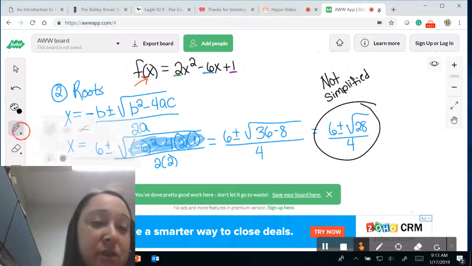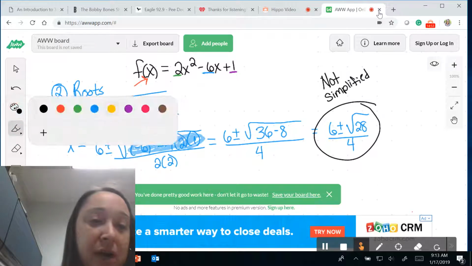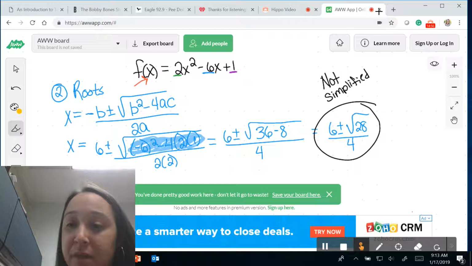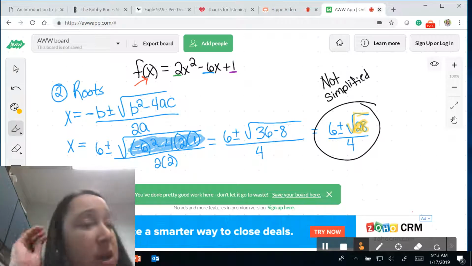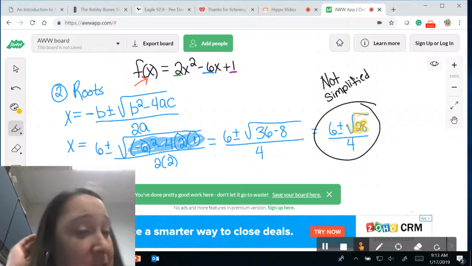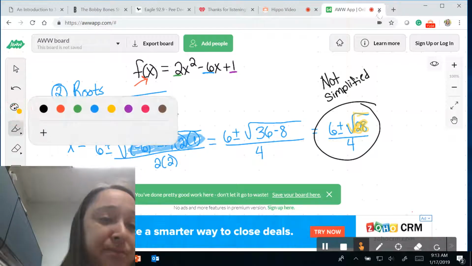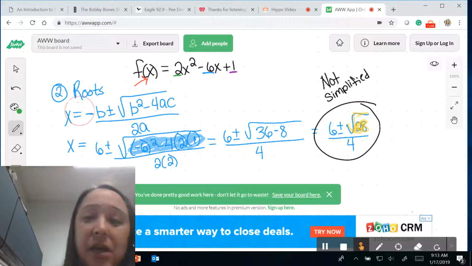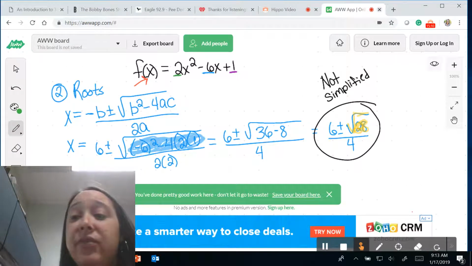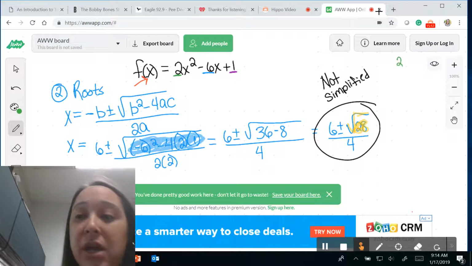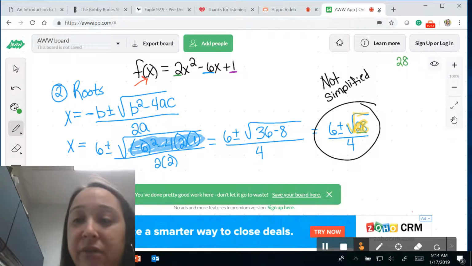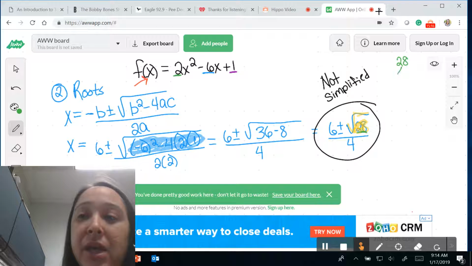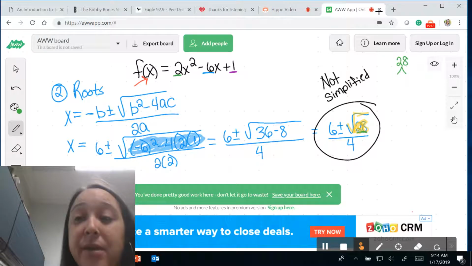And if you look, let's use a better color for my highlighter. I have this radical here, the square root of 28. I can simplify that, guys. I don't know if you remember from past math classes, and teachers teach it differently, but I just go old school and take that number under that radical, that 28, and make a factor tree.